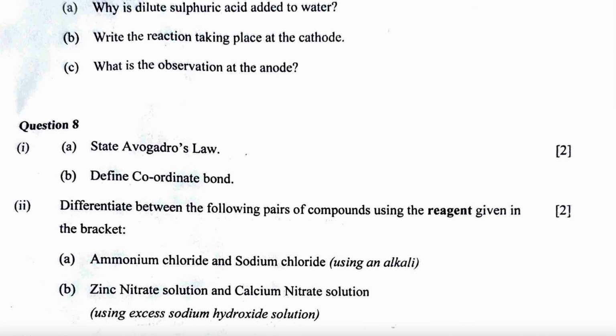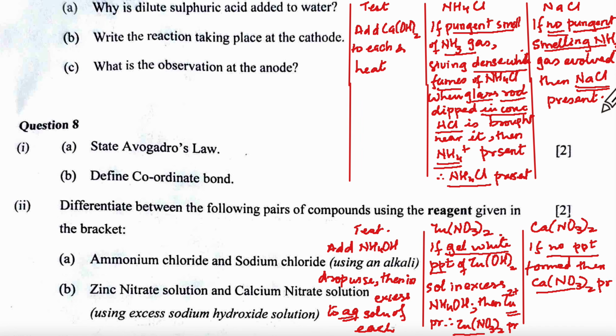Now how we write the answers is like this. We make for A part columns, where ammonium chloride and sodium chloride, and using an alkali, so we add Ca(OH)2 to each and heat.